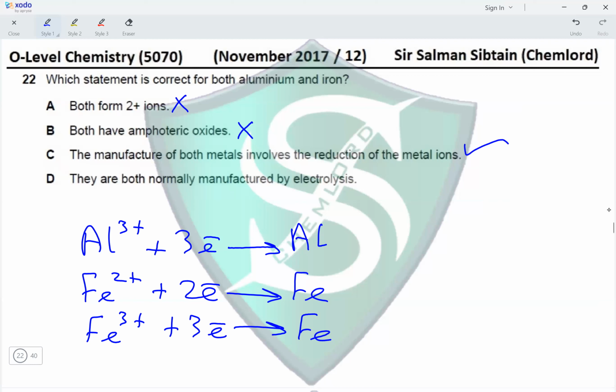And next, they are both normally manufactured by electrolysis. No, aluminum is manufactured by electrolysis, whereas iron is produced by reduction of hematite with carbon monoxide. So they're not both produced by electrolysis. Therefore, option C is the correct option for this question.